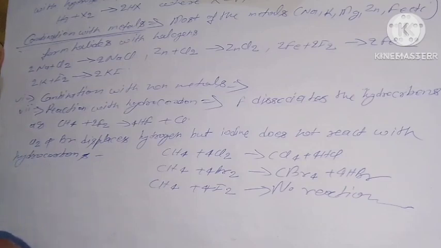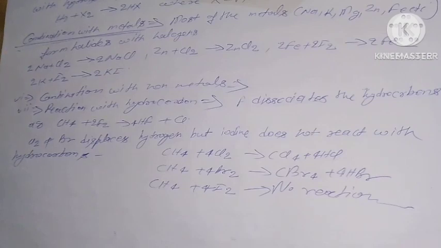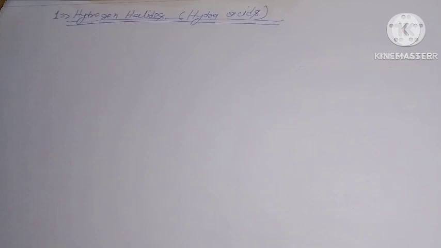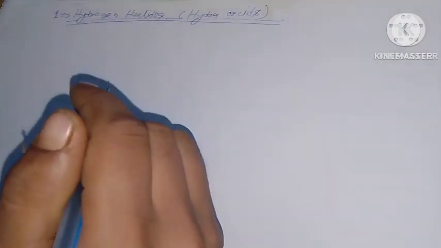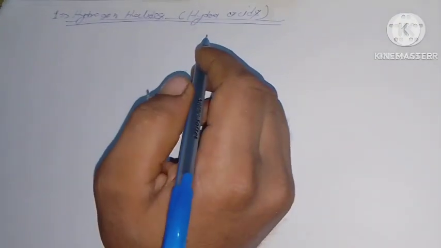Okay. Next is hydrogen halides. Hydrogen halides are hydra acids.